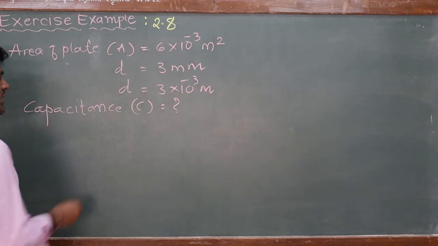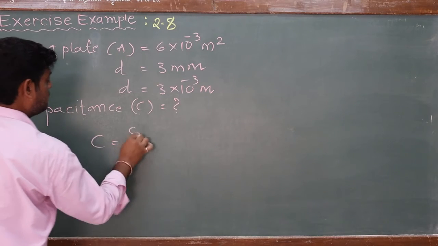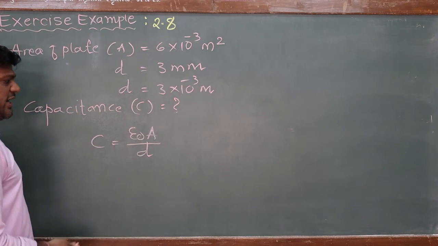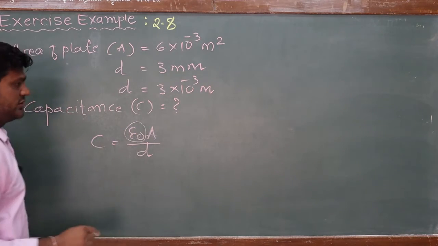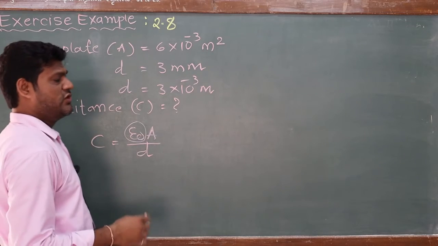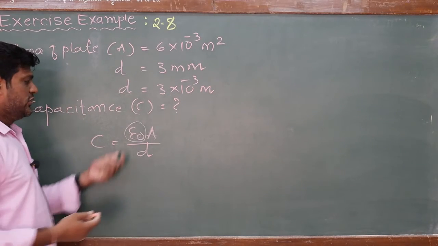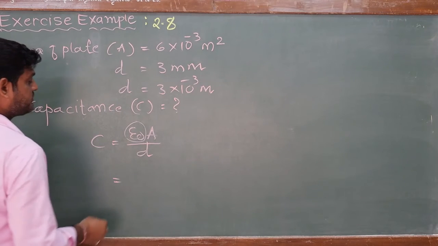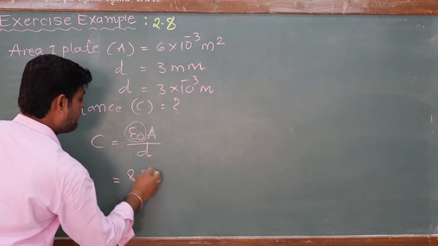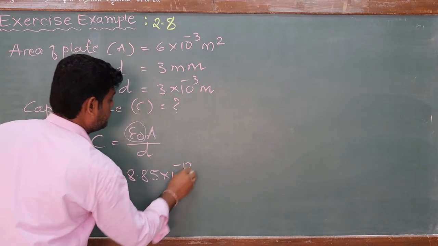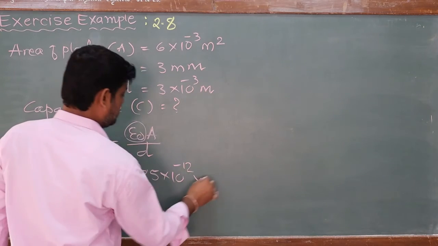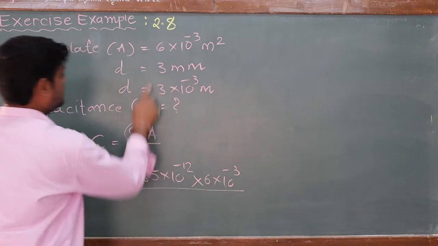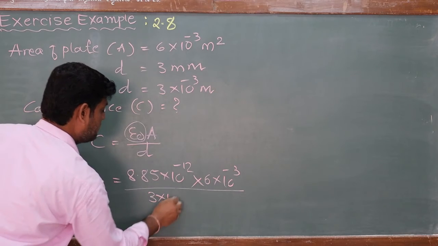You can easily calculate using the formula C equal to epsilon 0 A by D. When the air medium is present, you just use epsilon 0. If instead of air there is a dielectric medium, you write only epsilon. So put the value epsilon 0 equal to 8.85 into 10 to the power minus 12, area 6 into 10 to the power minus 3, and D is 3 millimeter, that is 3 into 10 to the power minus 3.